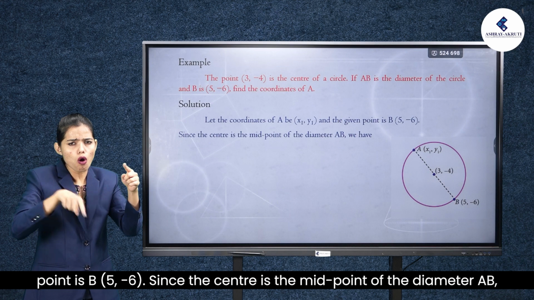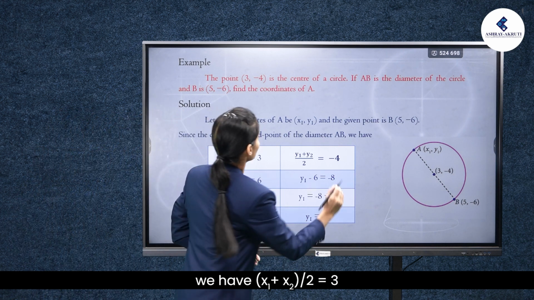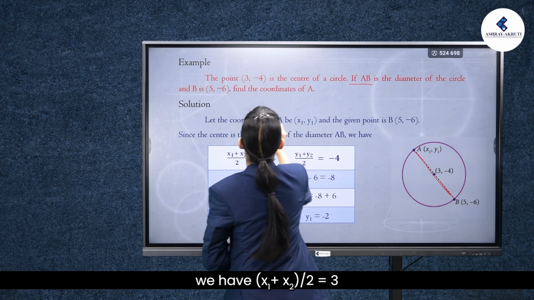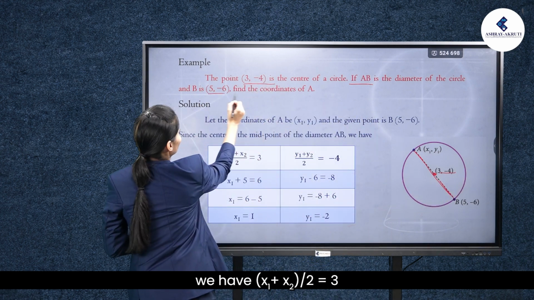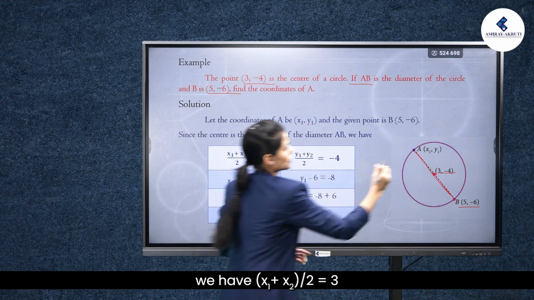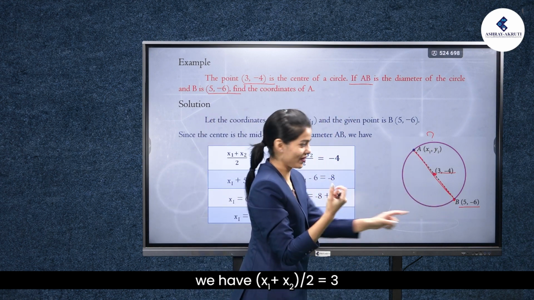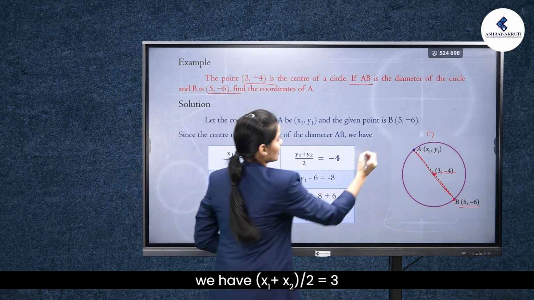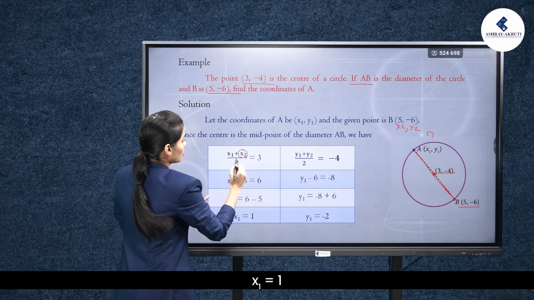Since the center is the midpoint of the diameter AB, we have (x1 plus x2) by 2 is equal to 3. x1 plus 5 is equal to 6. x1 is equal to 6 minus 5. x1 is equal to 1.